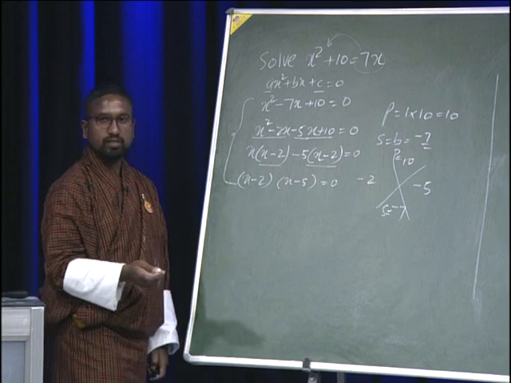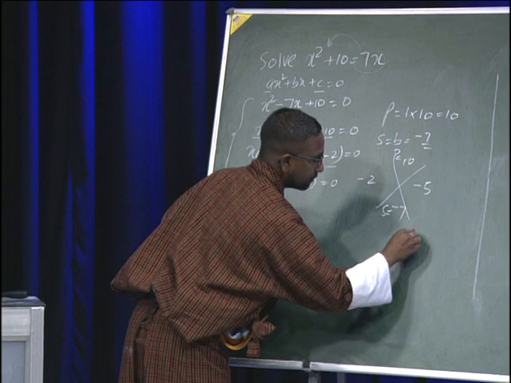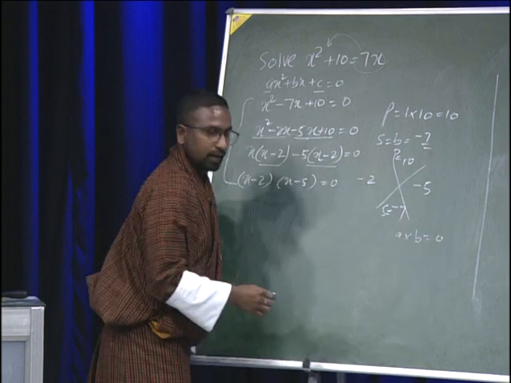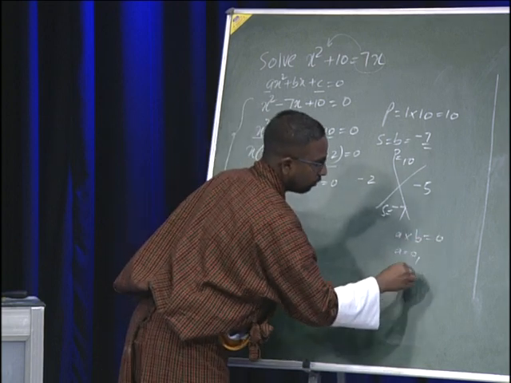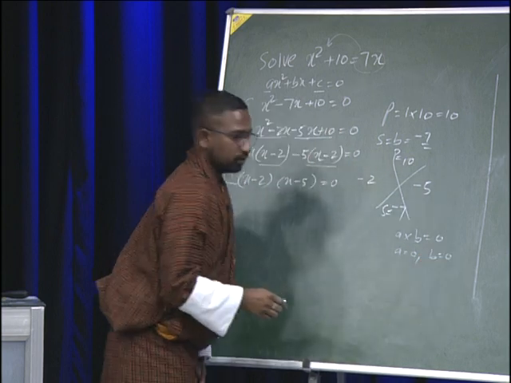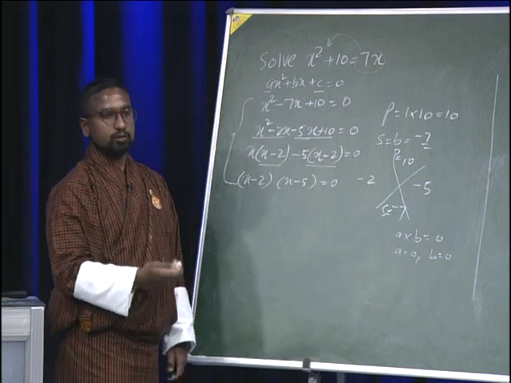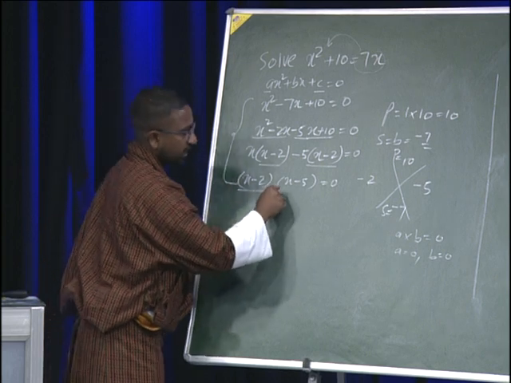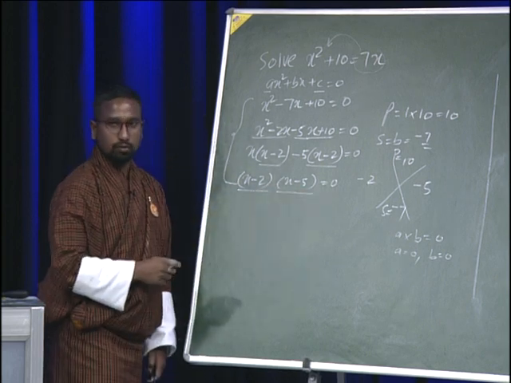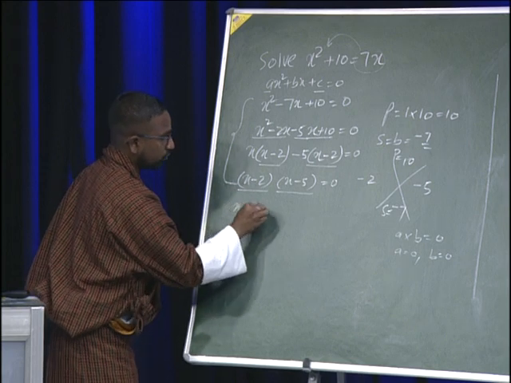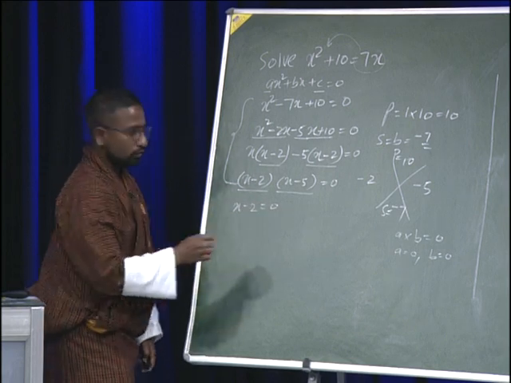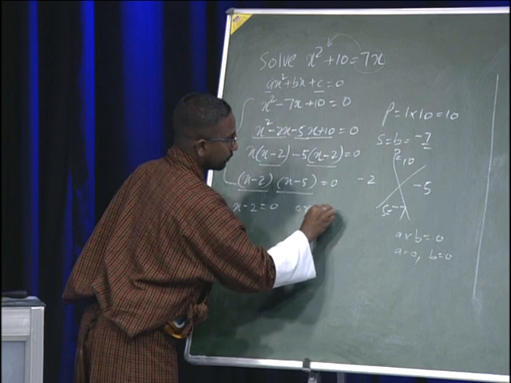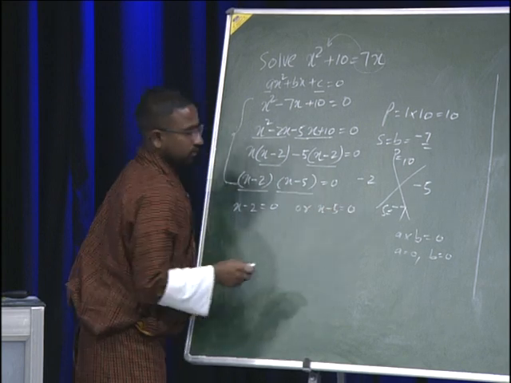The zero product rule says if A times B is 0, then either A must be 0 or B must be 0. So, any one of them must be 0. So, here if x minus 2 times x minus 5 is 0, either x minus 2 will be 0 or x minus 5 will be 0.